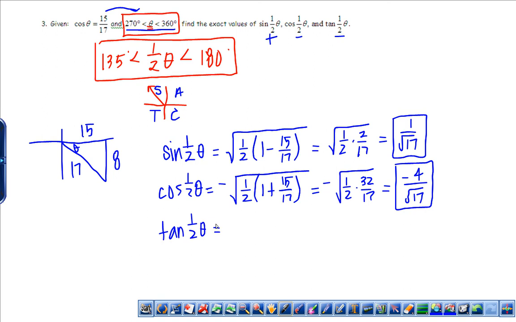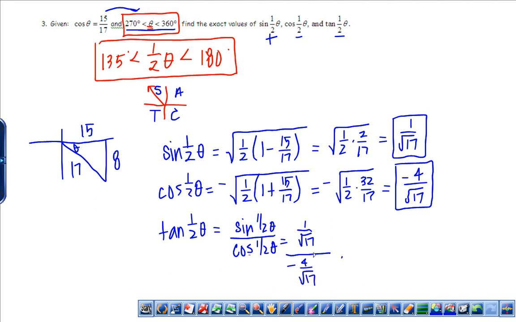I know that tangent of 1/2 is equal to sine over cosine. So even though it's not written on my formula sheet, I know I can use it. So I'm going to say sine of 1/2 theta over cosine of 1/2 theta. My sine is 1 over root 17 divided by negative 4 over root 17.